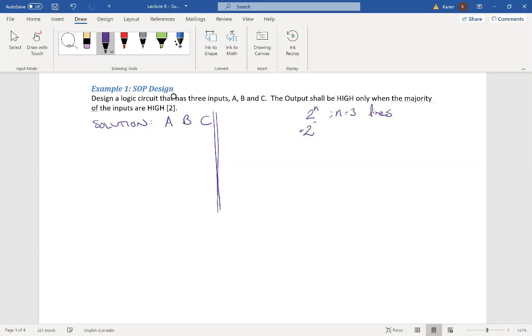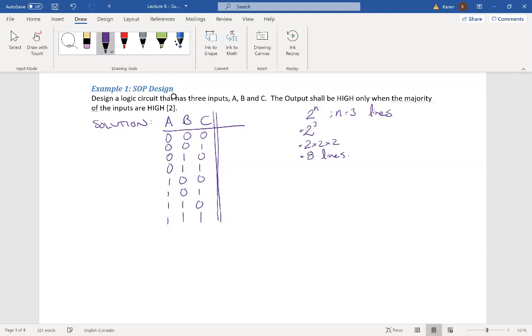So that's 2 to the power of 3, which is 2 times 2 times 2, which is 8 lines in my truth table. If there's 8 lines in my truth table, then 4 of them must start with zeros, and 4 of them must start with ones. So there's my truth table.